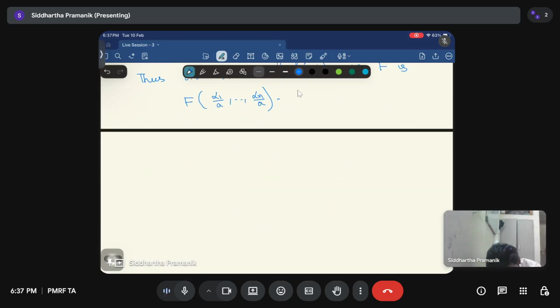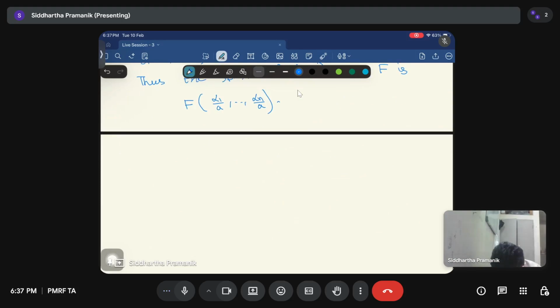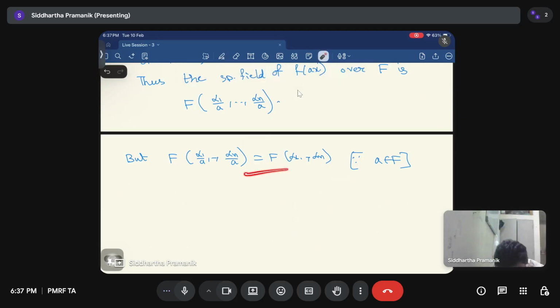But a is an element of the field itself. So we can write this as just F(alpha 1, ..., alpha n), because a belongs to F. Since a belongs to F, F will absorb its own elements. So these two fields are exactly equal. So this completes the proof.